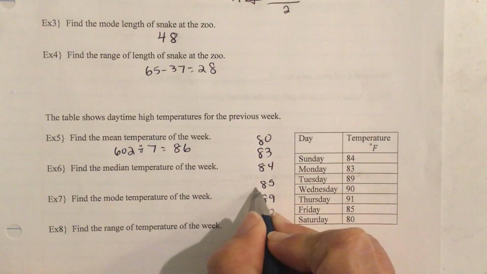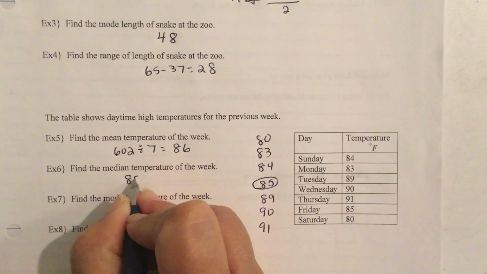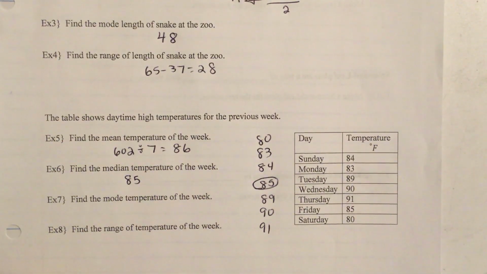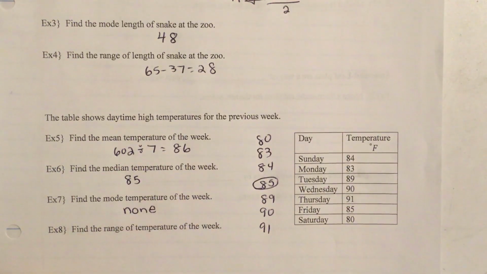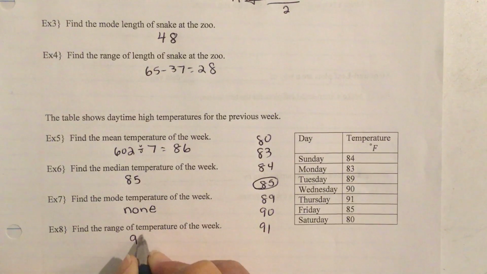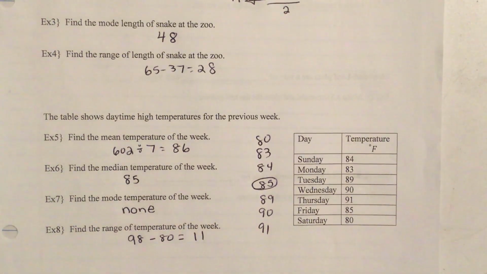The middle value will be this one right here. 85 is the median. The mode is the most often occurring. Notice that none of them repeat, so there is no mode. The range will be the hottest day minus the coolest day for a range of 11.